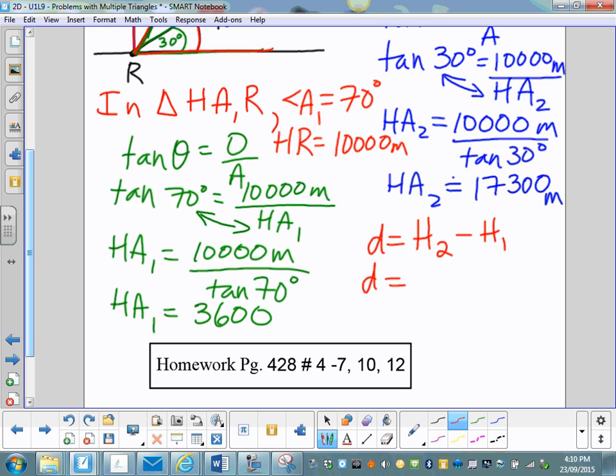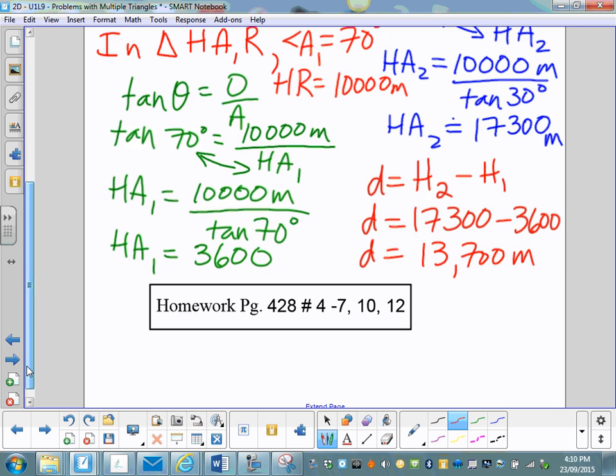So the distance is going to be 17,300 meters minus 3,600 meters. So the distance is going to be 13,700 meters.